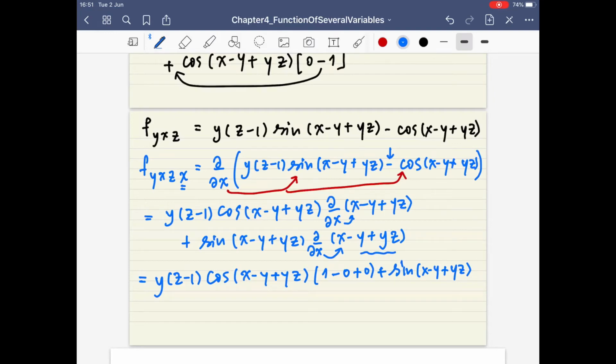Okay, so I just write this one here, 1 minus 0 plus 0. Okay, so this means that at the end what you need is the derivative of f with respect to x is going to be yz minus 1 cosine and sine.